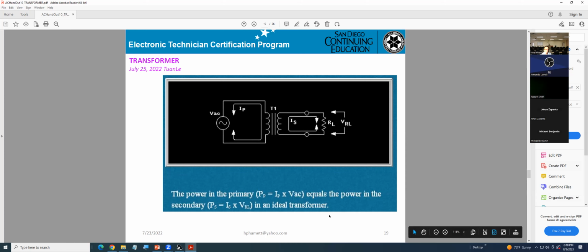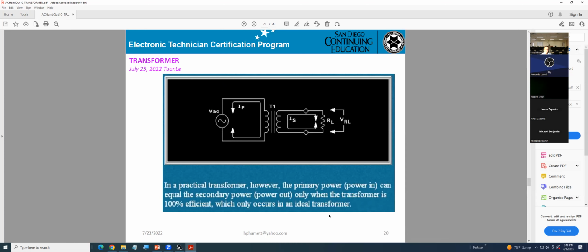We cannot get the ideal anyway. In the practical transformer, however, the primary power in can equal the secondary power out only when the transformer is 100% efficient, which only occurs in the ideal.